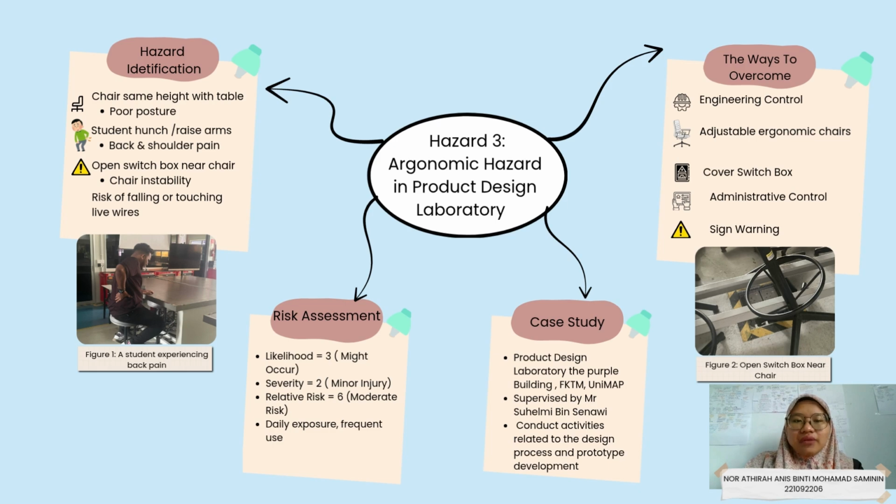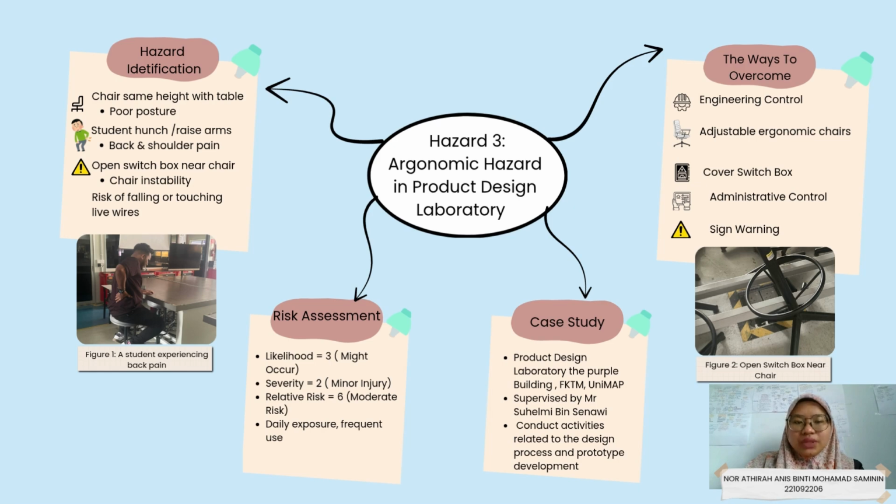The main issue arises from improper workstation setup, such as the chair being at the same height as the table, leading to poor posture. Students often hunch forward or raise their arms awkwardly while working, which contributes to back and shoulder pains. Additionally, there is an open switchboard located very close to their chair, creating a risk of instability, falling, or potential electric shock from exposed wire.